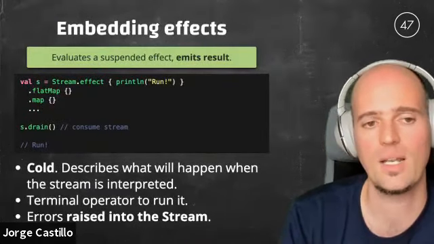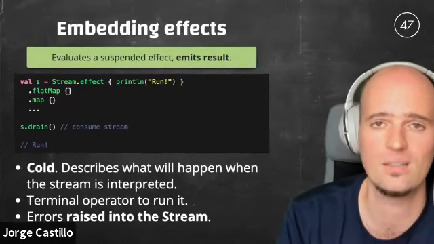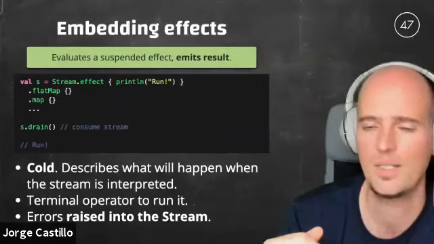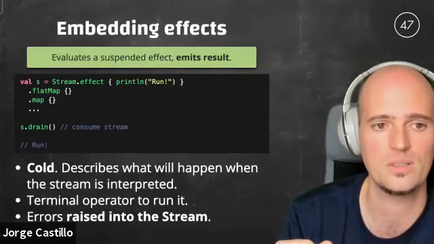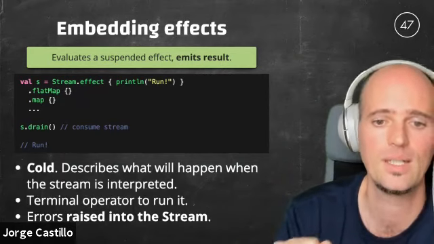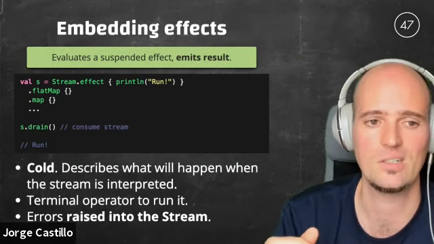So these streams can embed effects, meaning that you can use a stream effect to embed any suspended effect. In this case, it's a simple print. You'll see examples of this in a second, more complex ones using other operators. But you can imagine you can fit any suspended computation in there. The cool point here is that the result is emitted over the stream as soon as it completes.